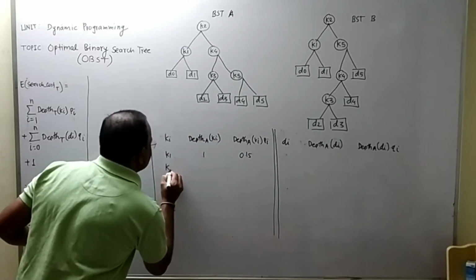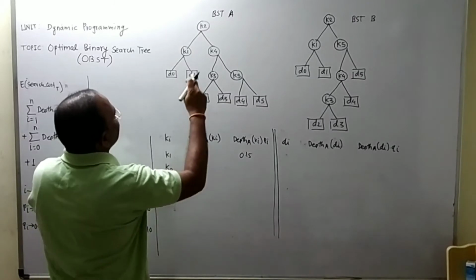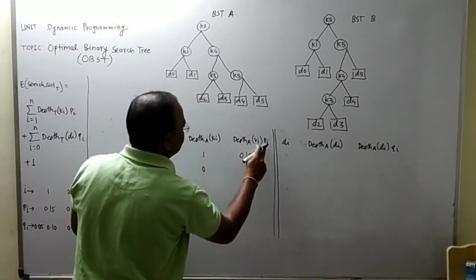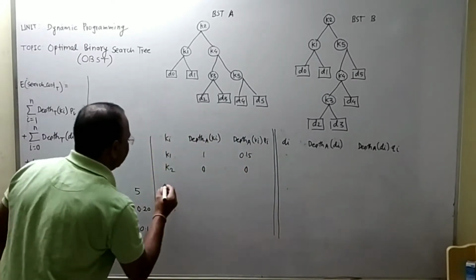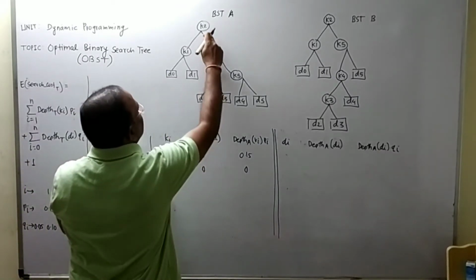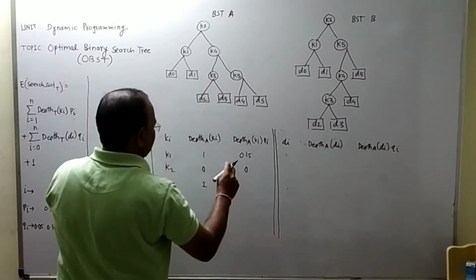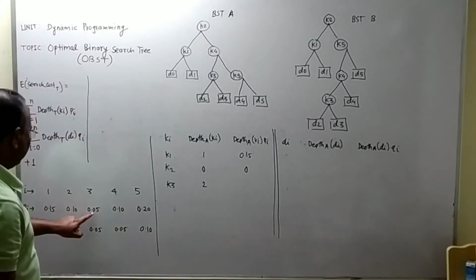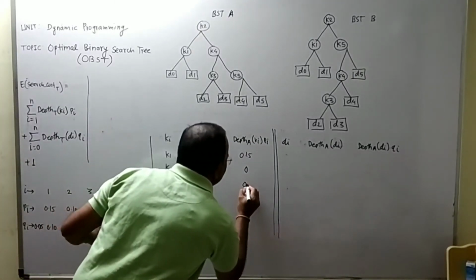Then next is K2, and find out the depth of K2. Depth of K2 is 0, meaning 0 into P2, so that is 0. Then K3, find out the depth of K3, 0, 1, 2, that is 2, and multiply this depth with the probability of K3, that is 0.05, so that is 0.10.